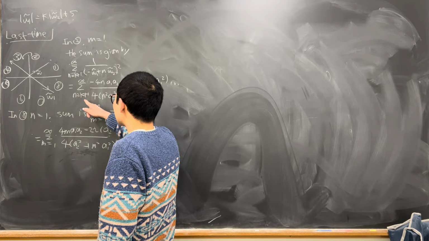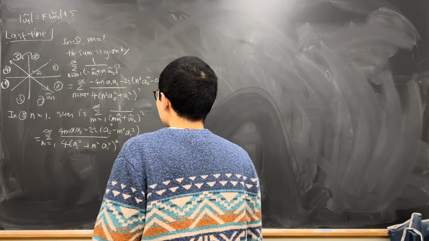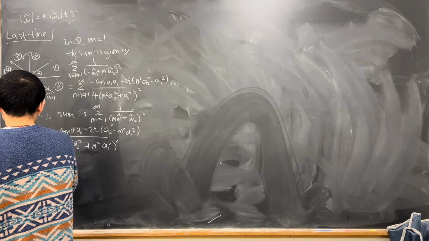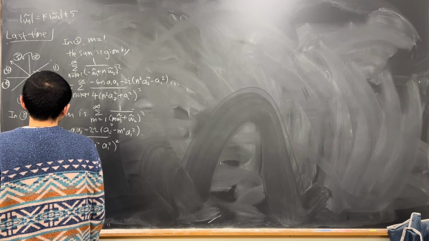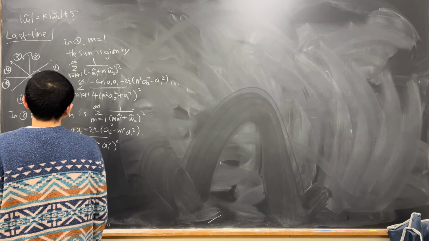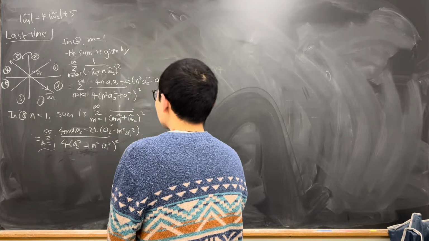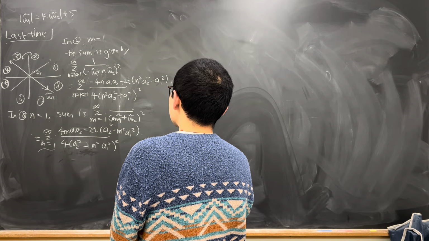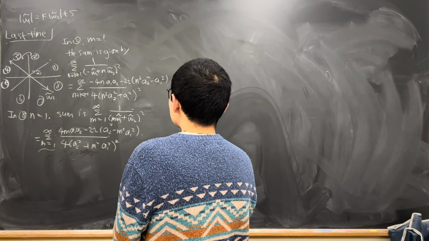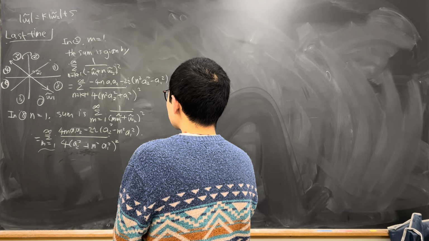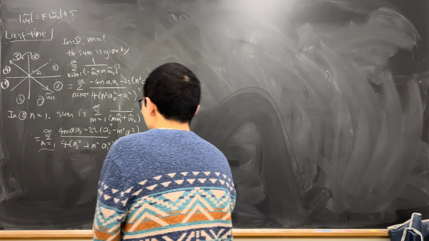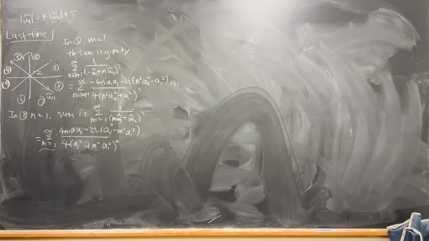So this n star is k plus 1, and then this m star is 1. Okay, so let's try some more terms here.